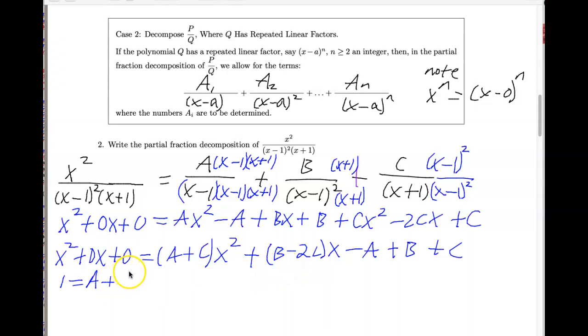And lastly, 0 will equal negative A plus B plus C. And so now we have the system of linear equations, so we can solve for A, B, and C.